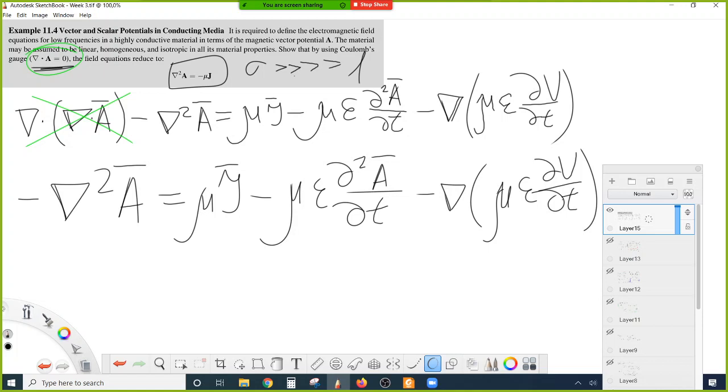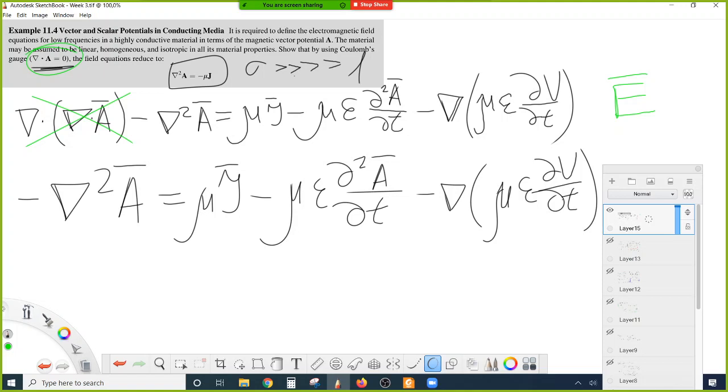Now we note that in a highly conducting material, electric field intensity E is very low. We have seen in previous chapters also that electric field intensity inside the conducting material is zero.